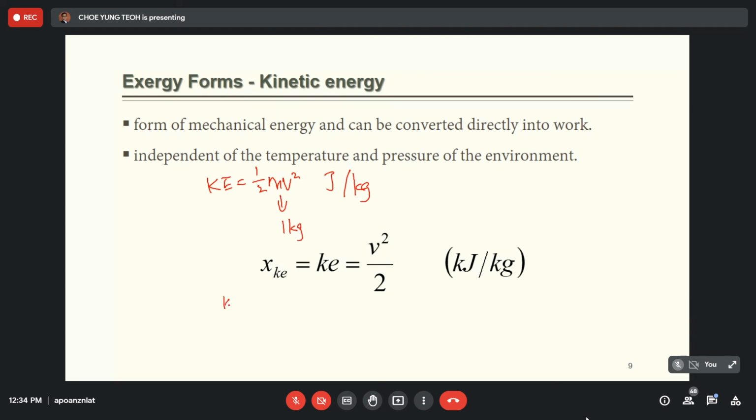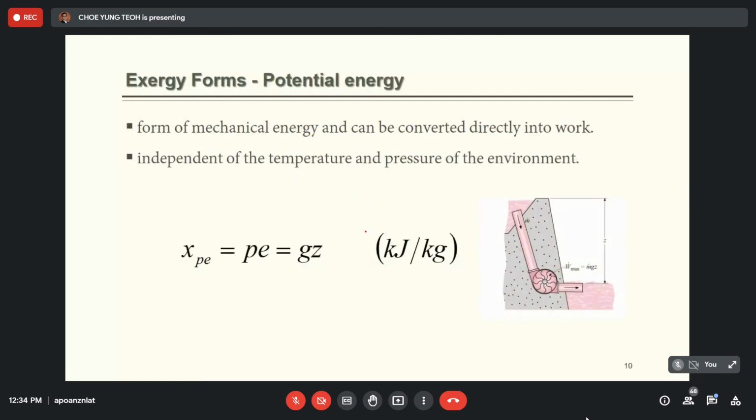So I can say that Ke will be equal to V squared over 2. Then the joule has changed to kilojoule, so you need to divide by 1000. This is how we calculate the kinetic energy in kilojoule per kg. This kinetic energy is independent of the temperature and pressure of the environment. It's just measuring the velocity of the system.